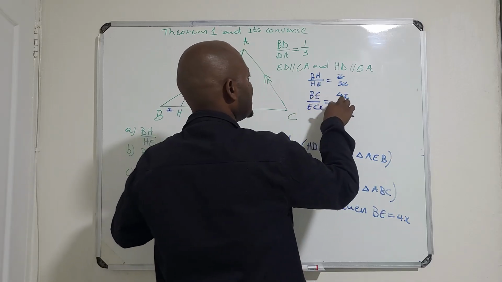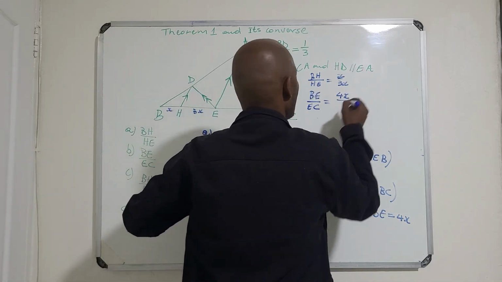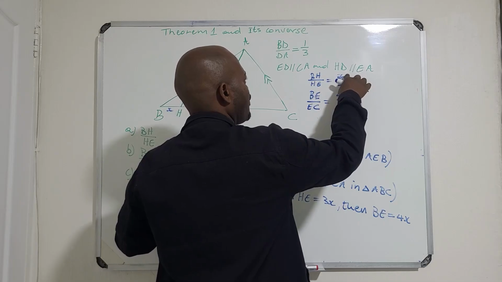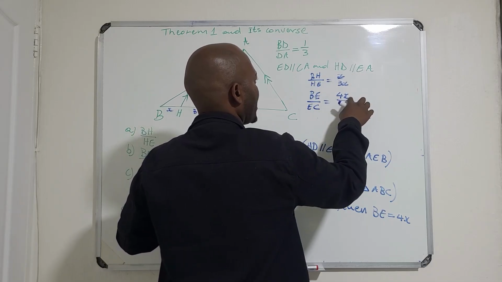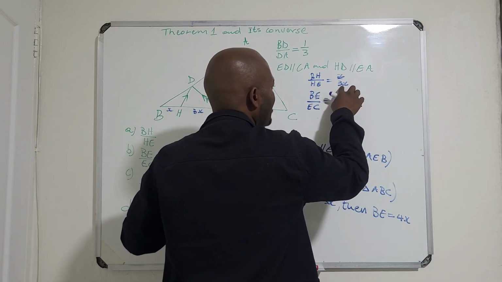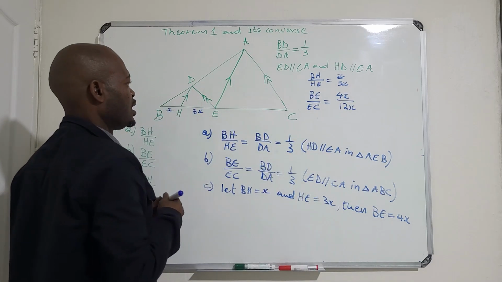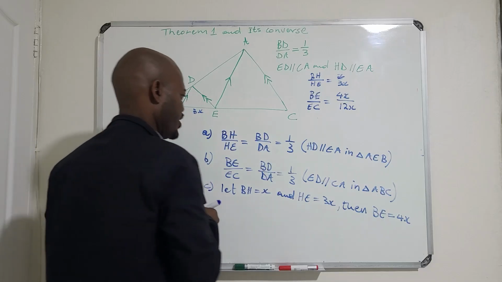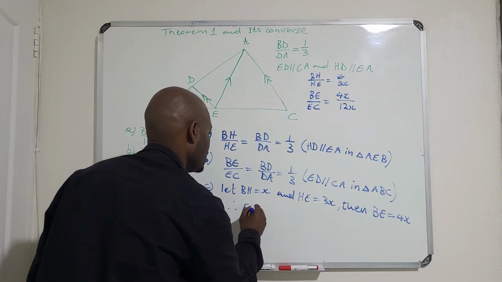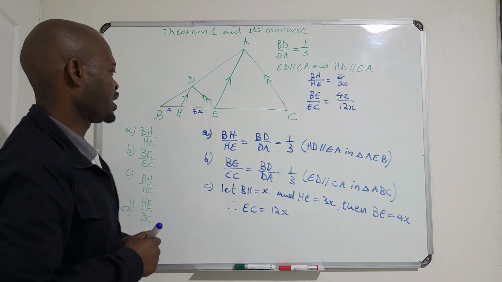So we multiplied by 4 to get 4X there, which means we must also multiply by 4 here, so that we get 12X. Therefore, EC is equal to 12X.